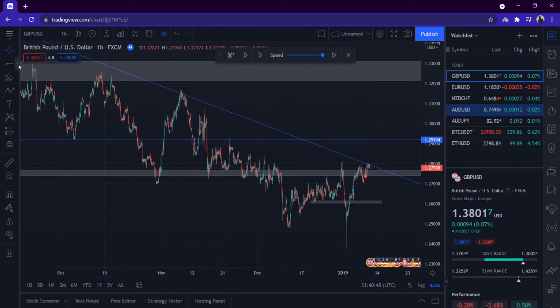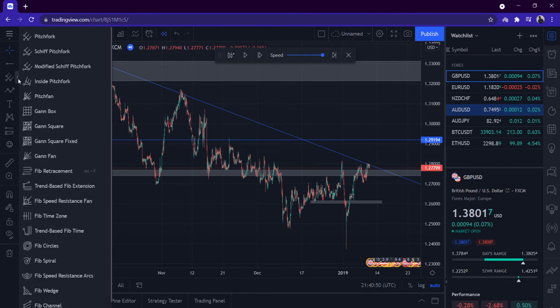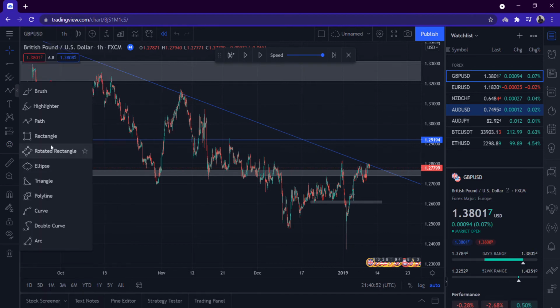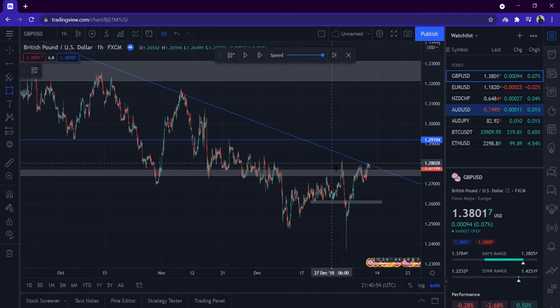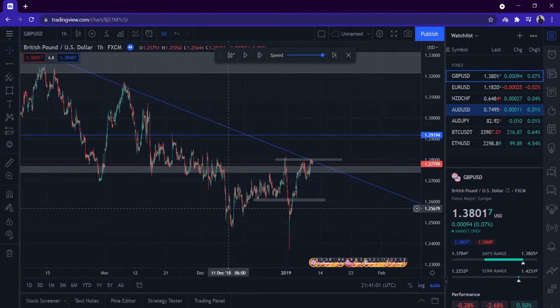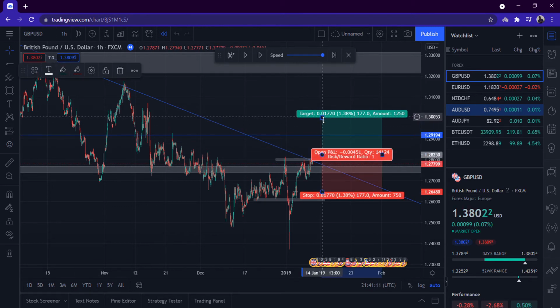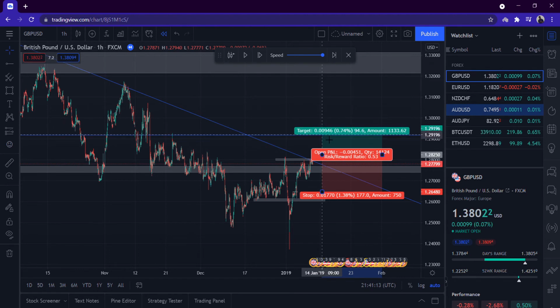I'm going to draw this rectangle at a place where price is failing to break, and it's on our trend line right here. So I'm looking for, since we are bullish, by bullish I mean we are going up, this is my take profit that I'm considering, right?